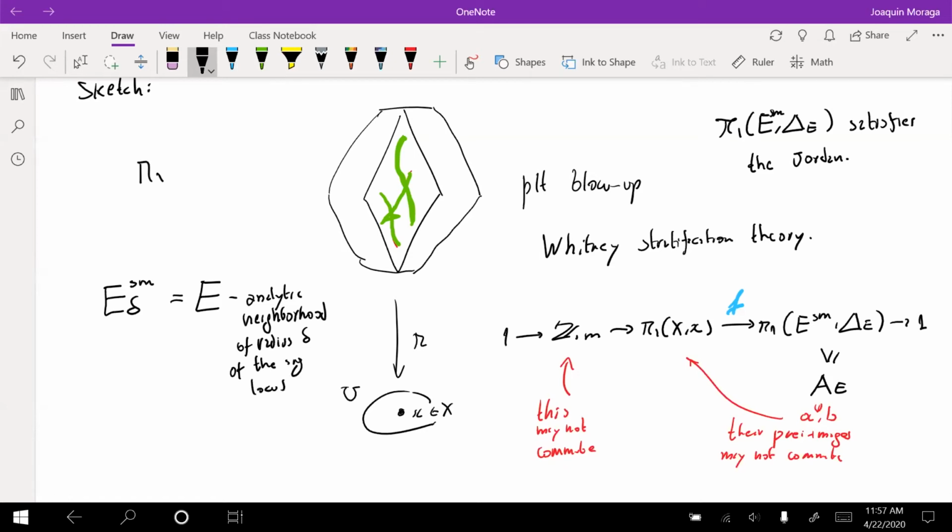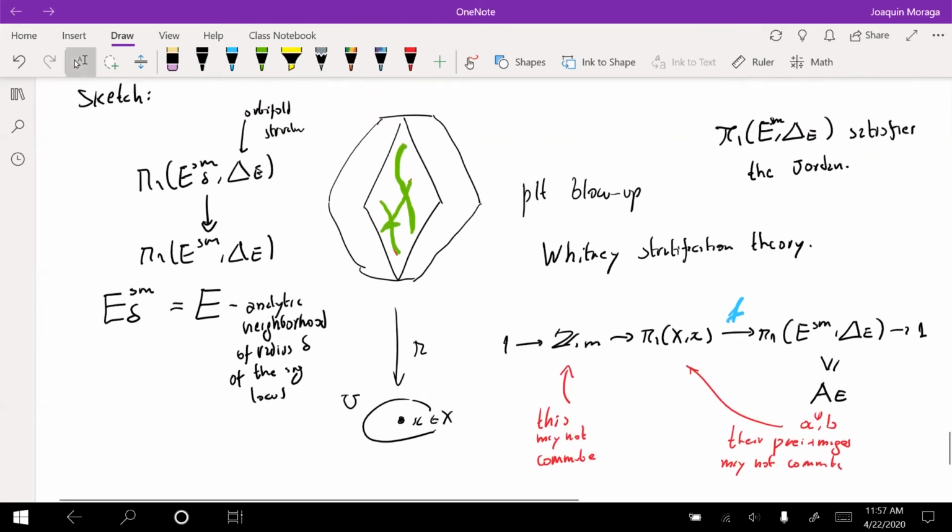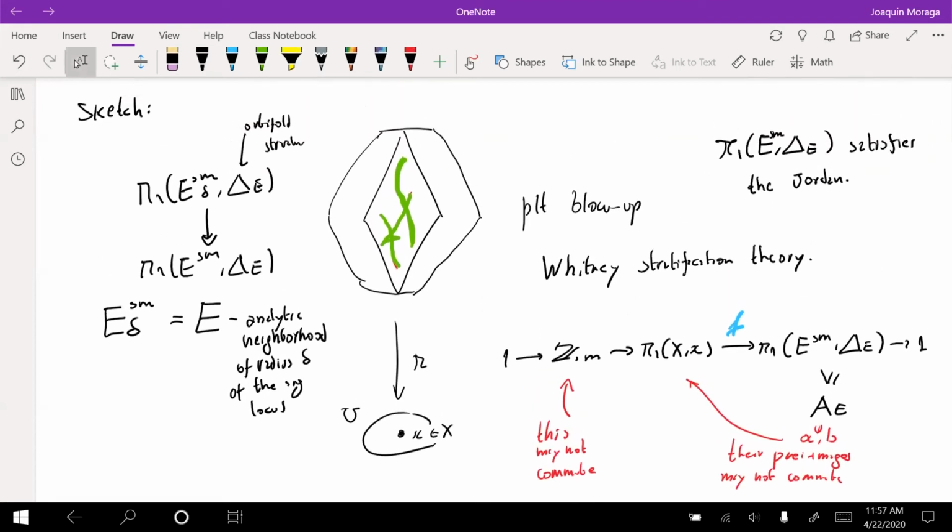So it's easy to see that the pi1 of E smooth delta E, so this is just some orbifold structure, surjects into pi1 of E SM delta E. Okay, so now the trick is the following. One can prove that after making the singular loci a bit thicker, this long exact sequence of homotopies splits, because if you pick the stratification correctly, you can prove that the normal bundle is trivial on this thickening of the singular loci.